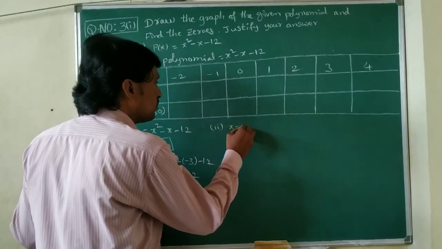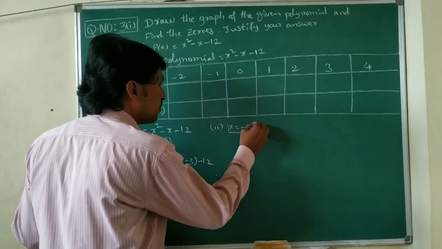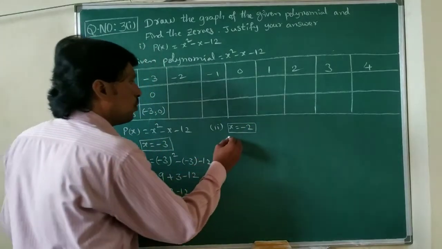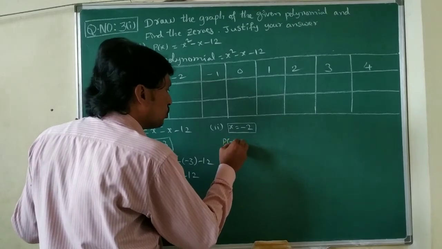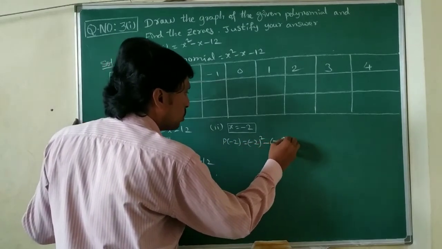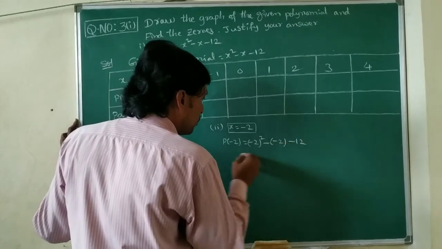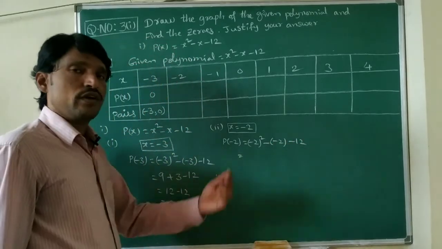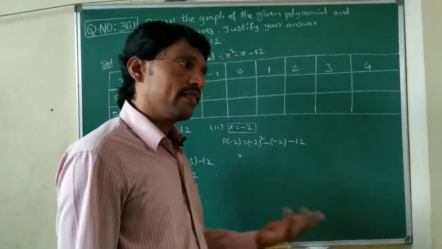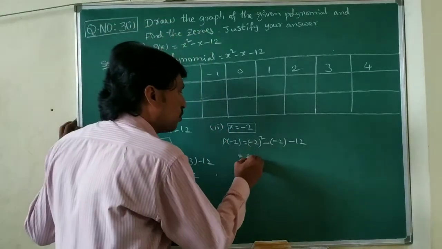Next second one I am taking x equal to minus 2. So p of minus 2 equal minus 2 whole square minus of minus 2 minus 12. Minus 2 whole square means minus 2 into minus 2, minus into minus plus, 2 2s are 4.